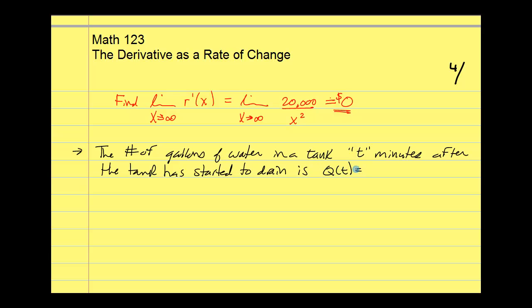Q doesn't have any particular meaning here. Q of t equals 200 times (30 minus t) squared. So we're in terms of minutes here.